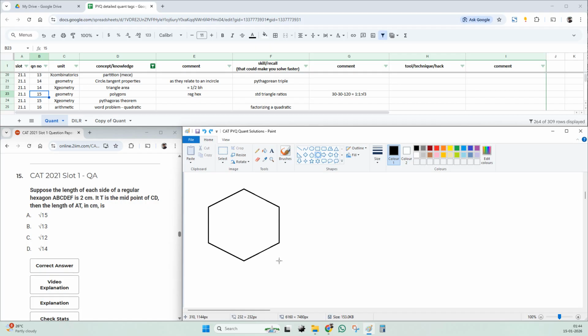We have options. So we have a regular hexagon A, B, C, D, E, F. Sides are 2. T is the midpoint of CD. We are interested in the length AT.